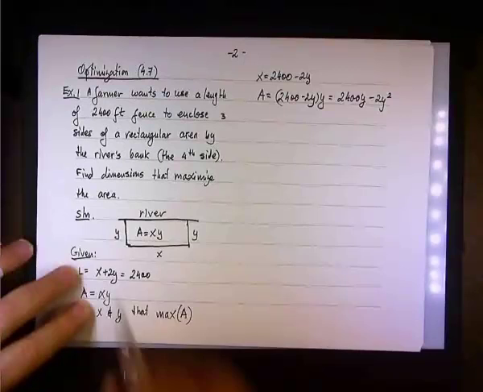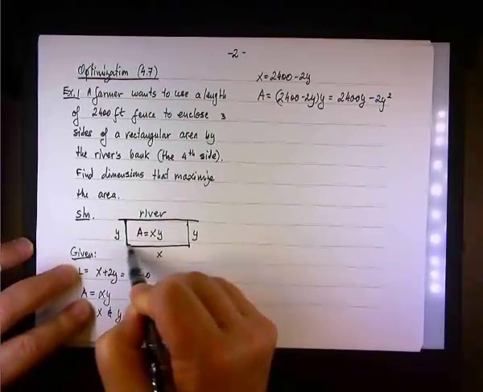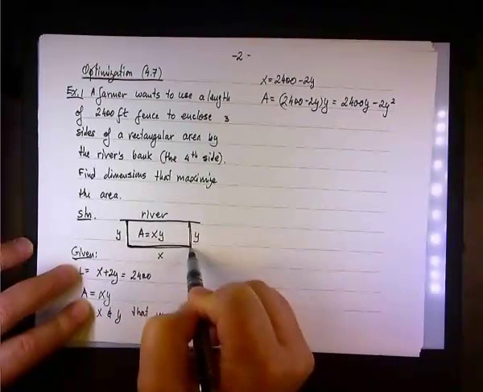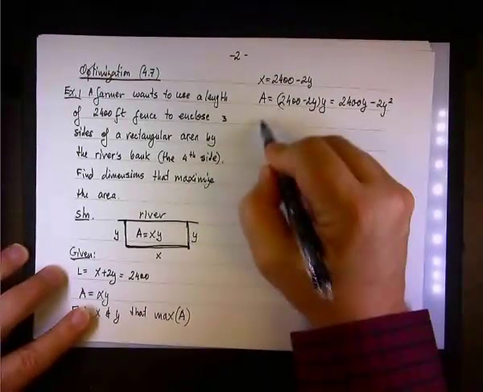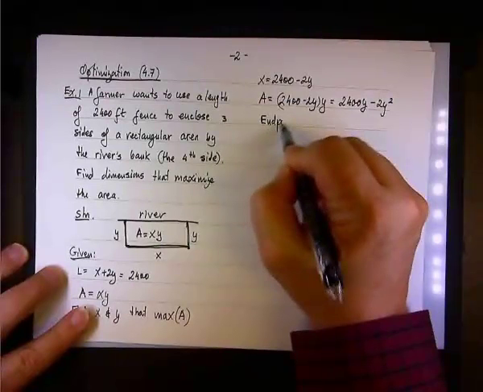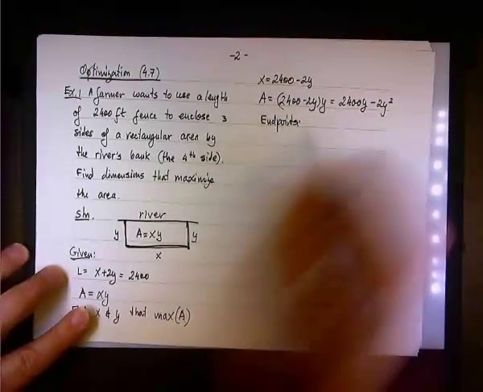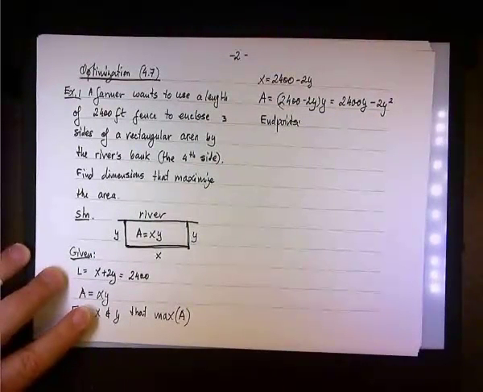Okay? So what are the endpoints? If you're looking at what will be the maximum length x, well, one maximum can be obtained by taking the whole length of the fence and making it the length x.